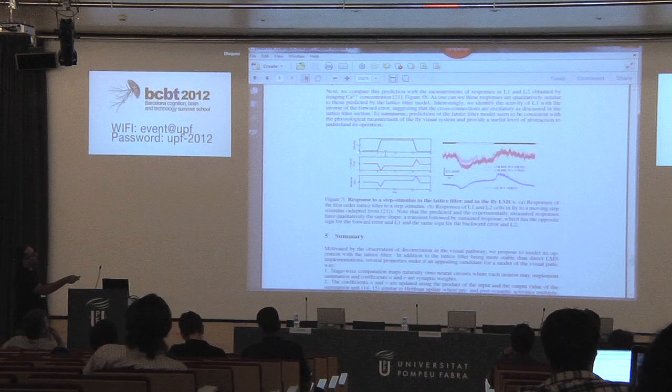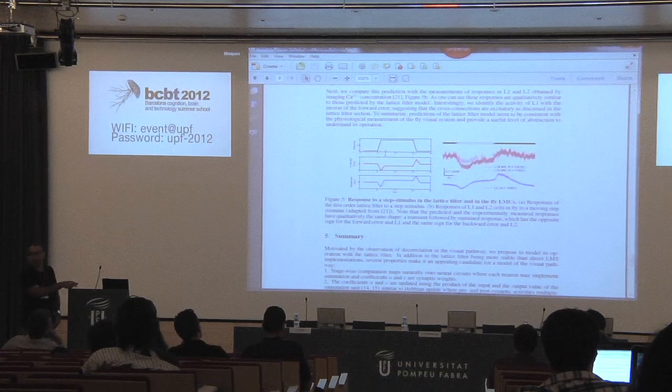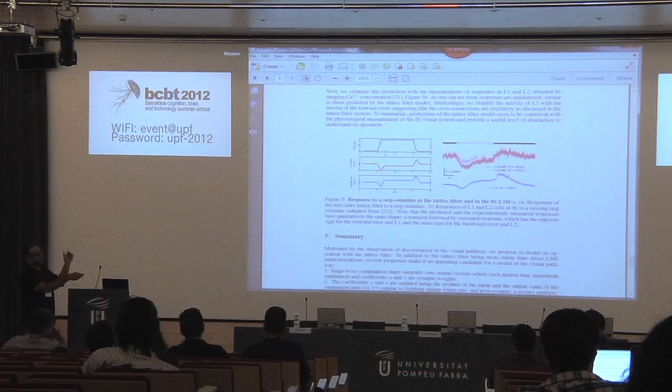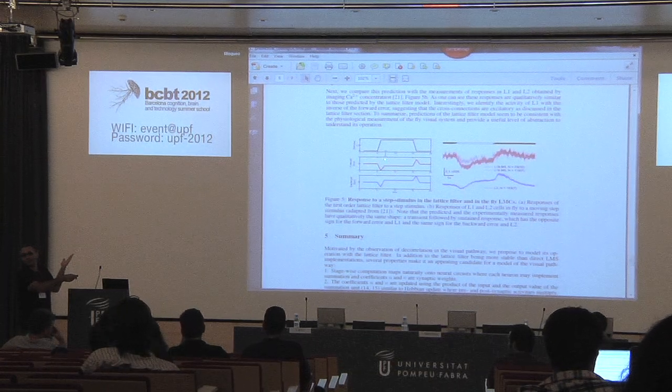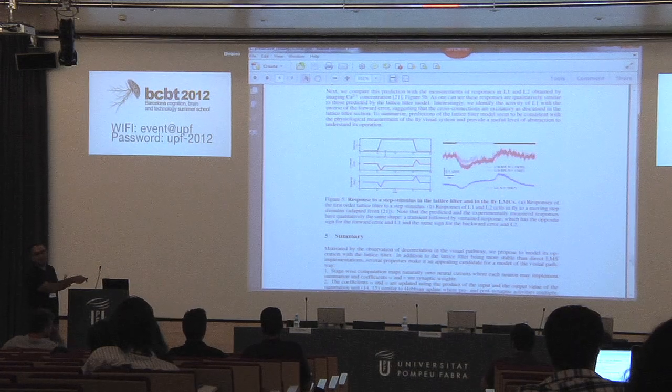So this is a predicted response of the forward and backward pathway in the lattice filter to a step stimulus. This is the traditional prediction error filter, except that it's flipped because we think that the response of L1 is minus forward error, okay? Because in flies, everything is reversed. Or rather, I should say, the photoreceptor to LMC synapse is sign inverting.